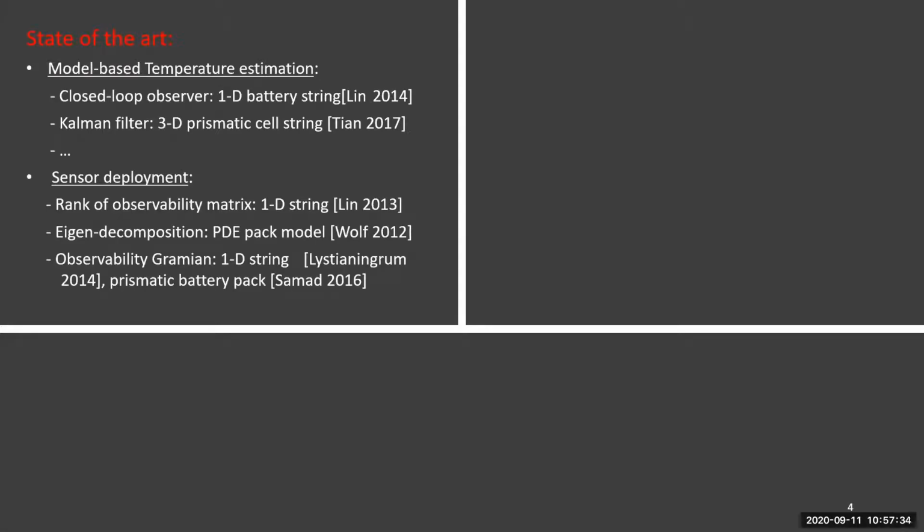To tackle this issue, model-based approaches have been used for temperature estimation, such as a closed-loop observer and Kalman filter. Regarding the work on sensor deployments, the rank of the observability matrix, eigen decomposition, and observability Gramian criteria are used to determine the optimal sensor locations on the battery string or battery pack.